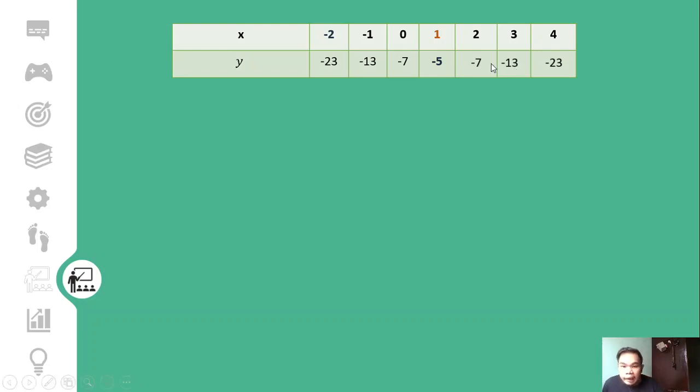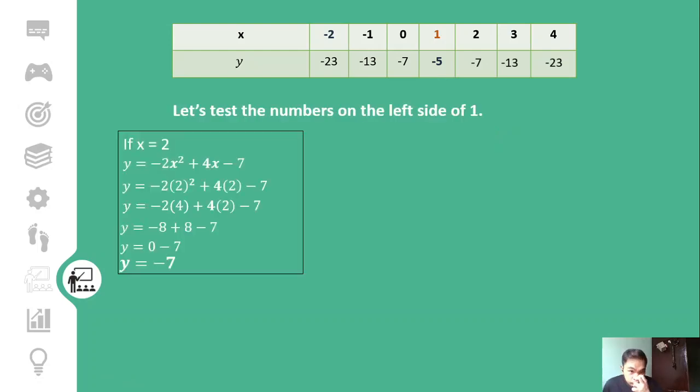Dahil symmetrical ang parabola, dapat kung ano yung nasa left side, yun din yung nasa right side ng vertex. Okay? Sa y lang yun. Kung ano yung nasa left side dito sa row ng y, yun din dapat ang nasa right side dito sa row ng y. Okay? So, para kung nagdududa kayo, ito ang proof.